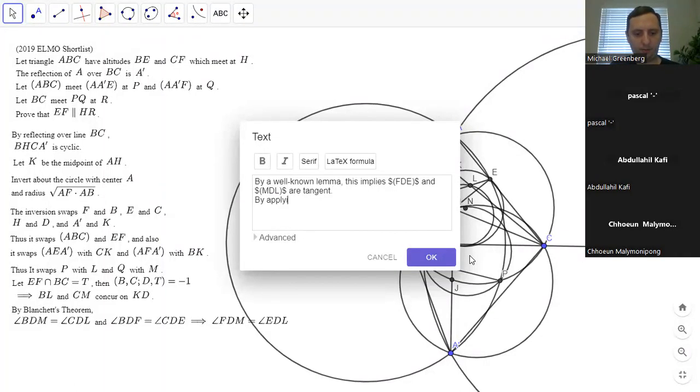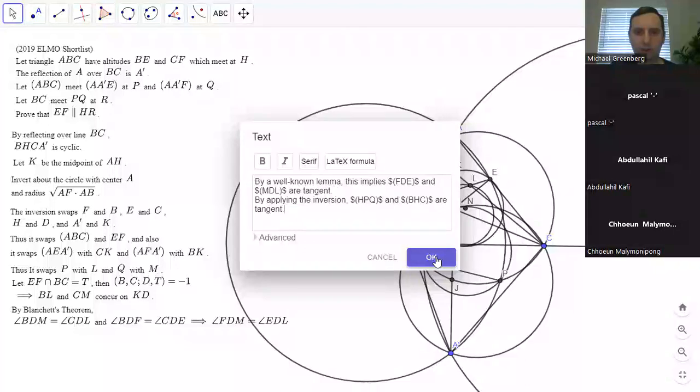And then by applying the inversion, we have HPQ and BHC are tangent.